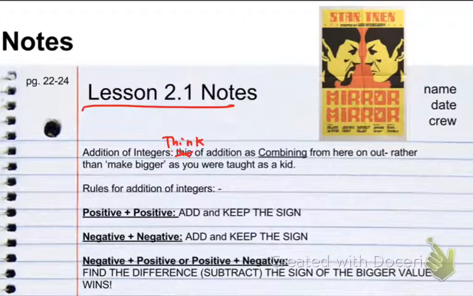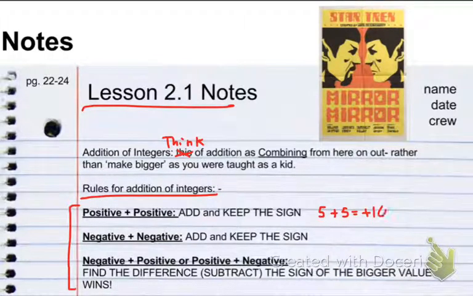And there are some rules for the addition of integers. You're going to want to write these down. You are going to want to mark them because we will come back to them later. If we're doing a positive plus a positive, you add and keep the sign. So for instance, 5 plus 5, they're both positive, we get positive 10.